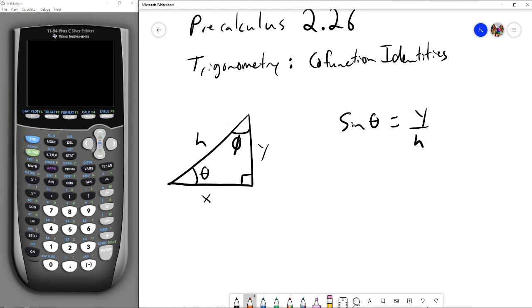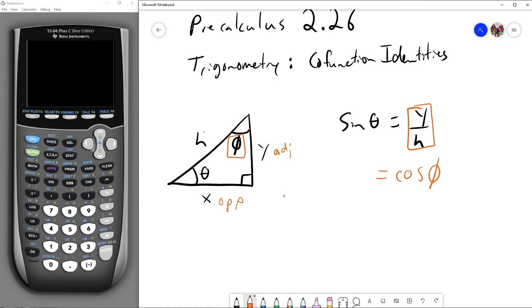So for example, if this was our angle of reference, this is actually adjacent and this is actually opposite. So in other words, we could think of this quantity y over h as equal to cosine of phi, because cosine of phi is adjacent over hypotenuse, and adjacent is y, and hypotenuse is h here.